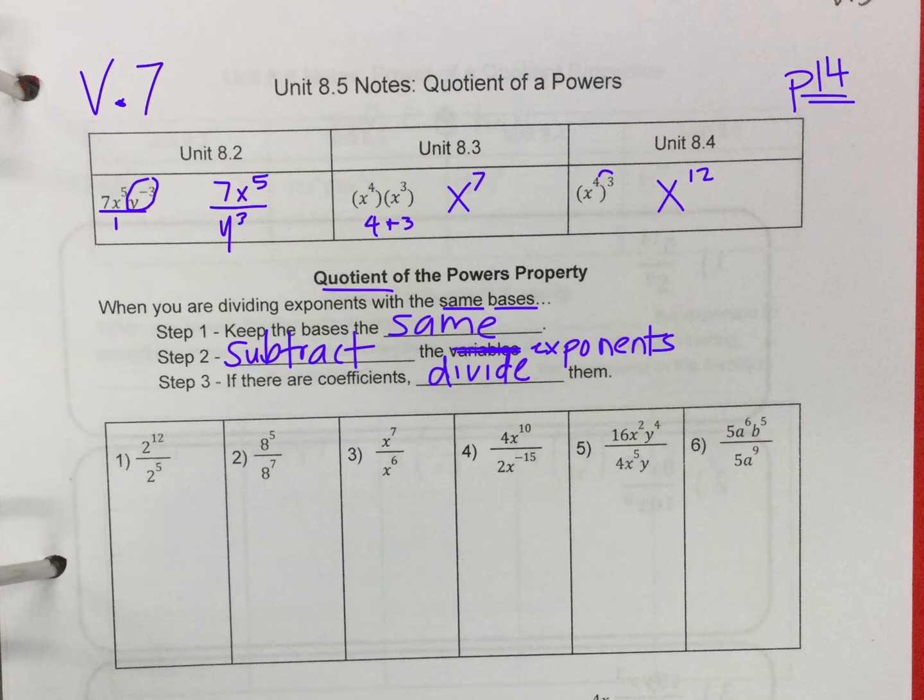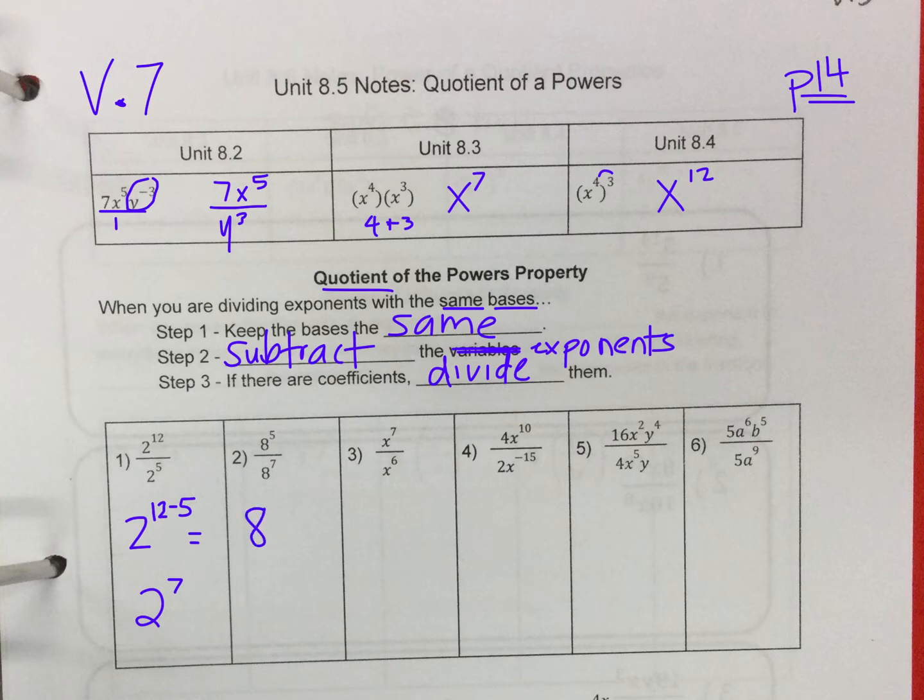My bases are the same, so we're going to keep those the same. So I'm just going to write a 2, and we're just going to subtract the exponents. What is 12 minus 5? It's going to equal 2 to the 7th.